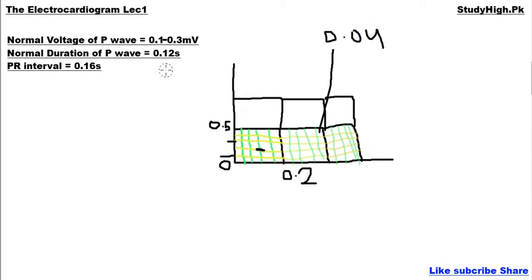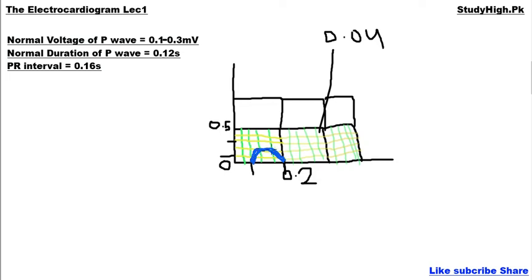As a result, if we start from here and count 1, 2, 3, the P wave will lie between these two points and its height will be between these. So we are going to draw the P wave. It will start from here and end there.